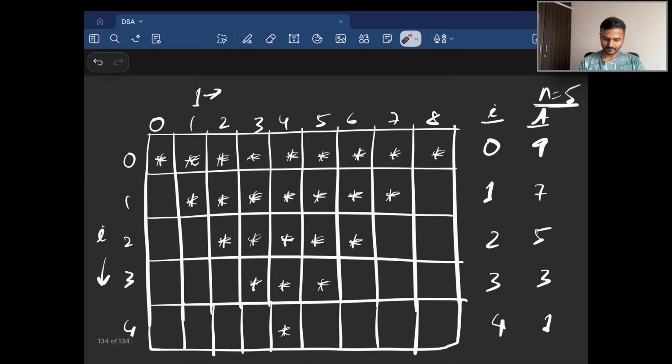Now, if we know the number of asterisks in the first row, can we determine the number of asterisks in the second row? We can, right? Because if you see the asterisks in the first row and the asterisks in the second row, the difference is the first and the last asterisk was removed, and in a way the entire thing was copied over to the second row, right?